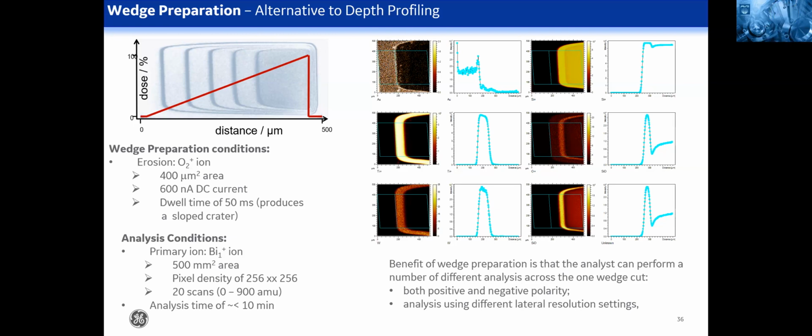Okay. So the main benefit of ToF-SIMS is the full mass spectrum at every volume element. What I often find are surprises. And when I say surprises, it's unexpected things at the interface. If you were to be doing a depth profile using a dynamic SIMS instrument, for instance, you have to select which species you're going to analyze for at the beginning.